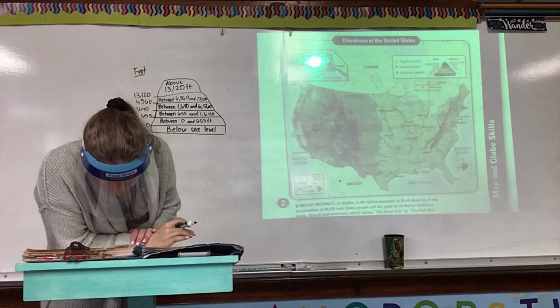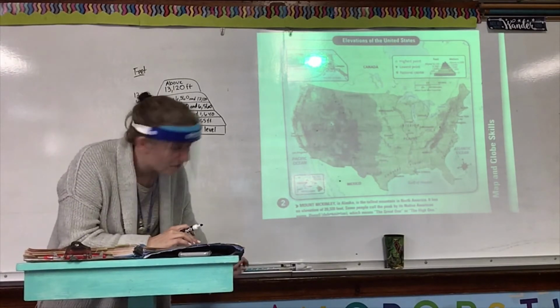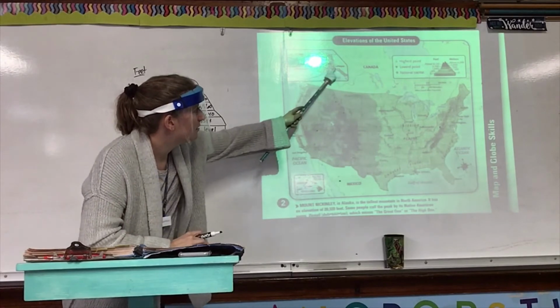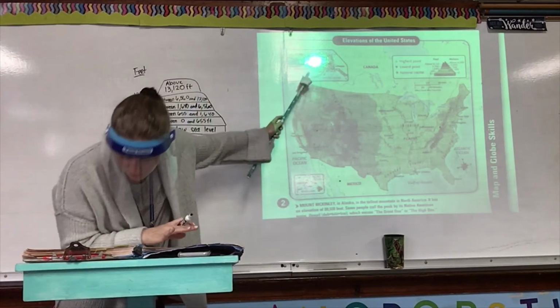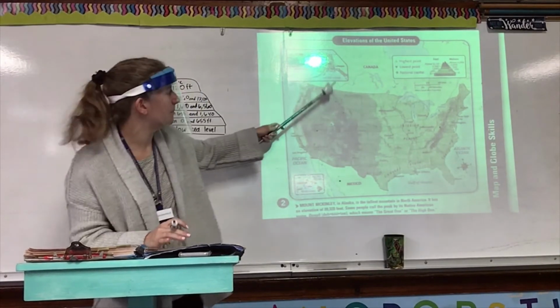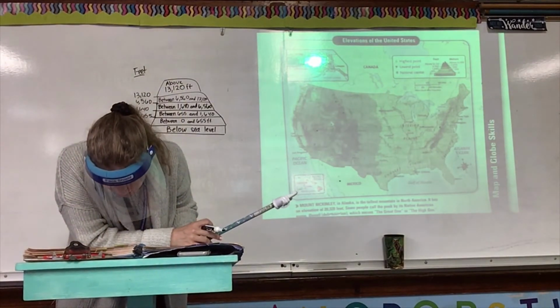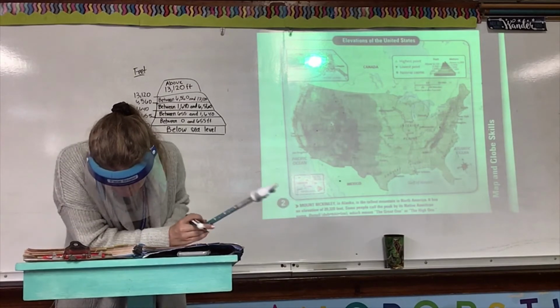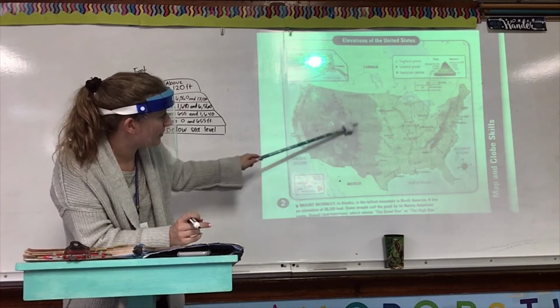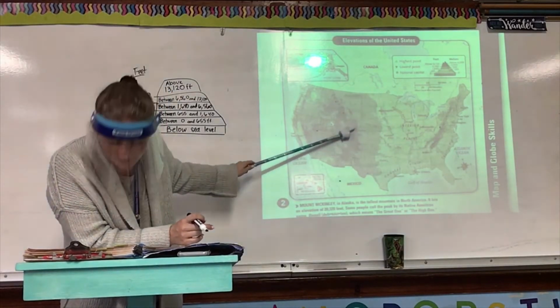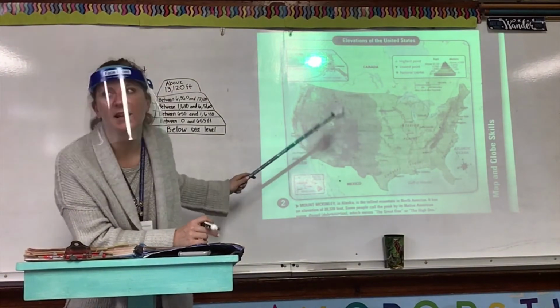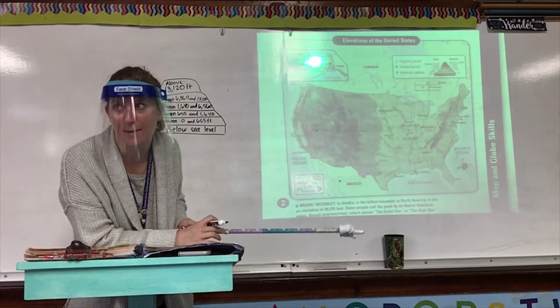You see a little bit of purple right around where it says Mount McKinley in Alaska. The purple kind of blends in a little with the red right around the Rocky Mountains, right around Denver. It blends in, but if you look really closely, you can see a little bit of that purple.